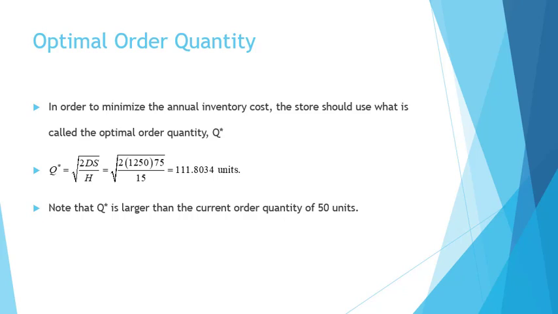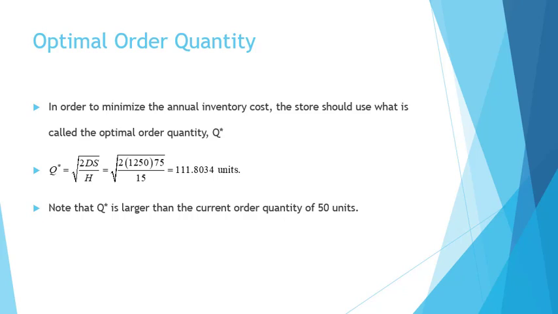So Q star is equal to the square root of 2 times yearly demand times setup cost divided by unit holding cost.